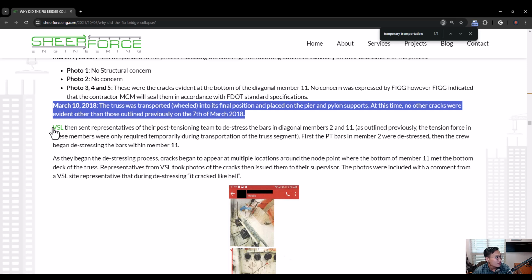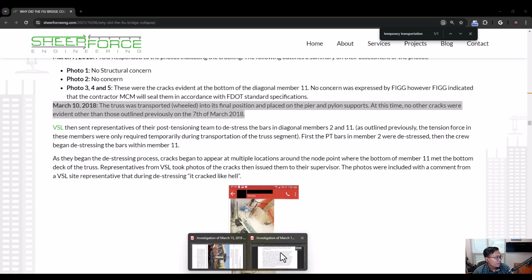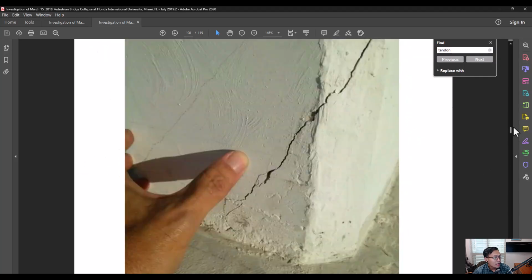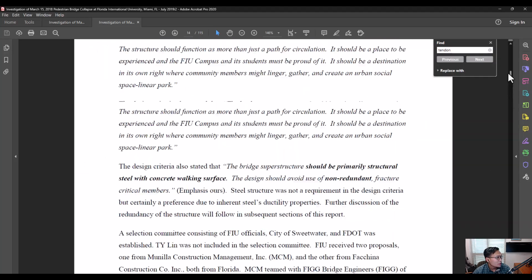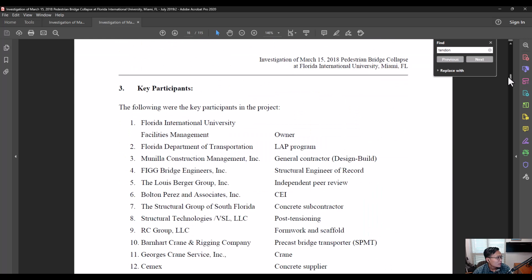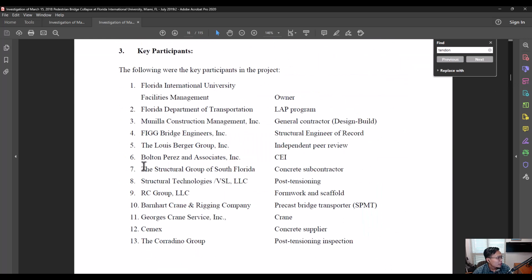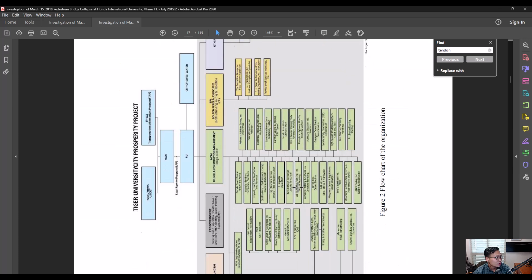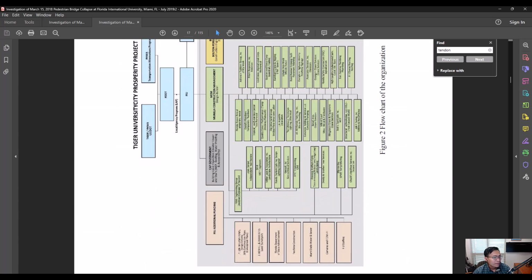And then VSL, you remember VSL is the one that does the post tensioning. So where is VSL? VSL here, that's a post tensioning subcontractor, and they report directly to MCM.